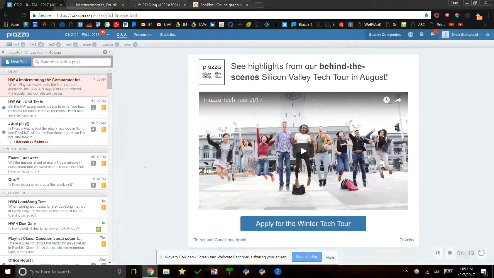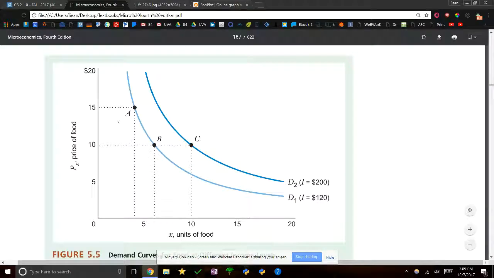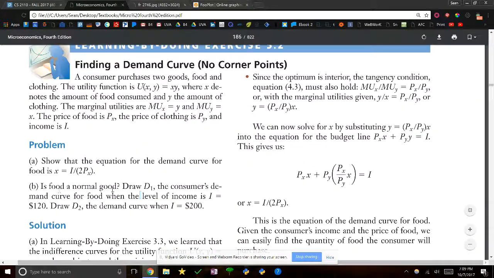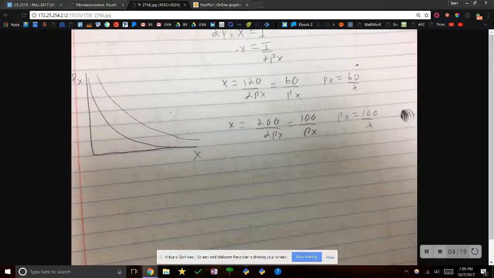So next, they want us to show if food is a normal good. So we see that the equation for demand is x equals I over 2px, and then they give us two income levels, 120 and 200, and then it gives us these when we simplify, and then we can change this over into pxx equals 60. So this way we can graph it, and it turns into this graph over here.